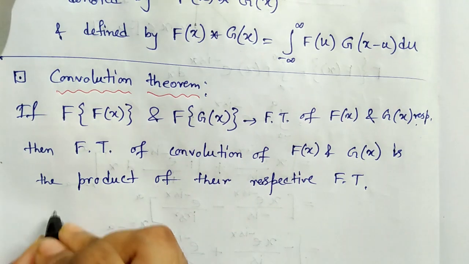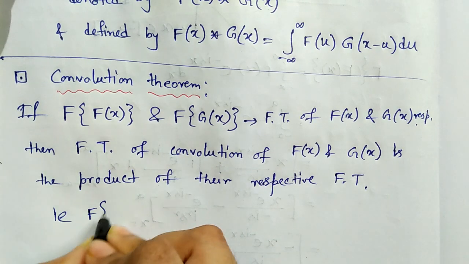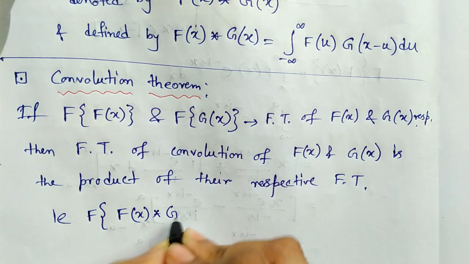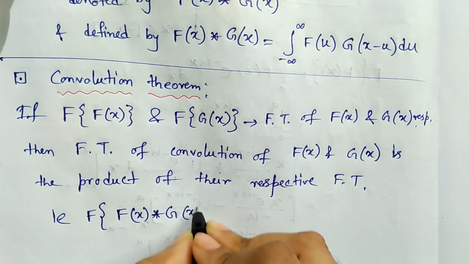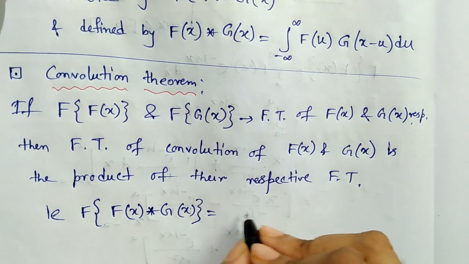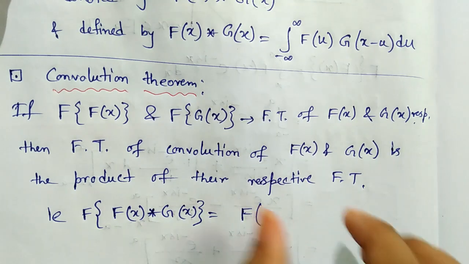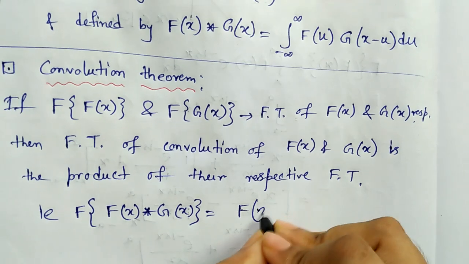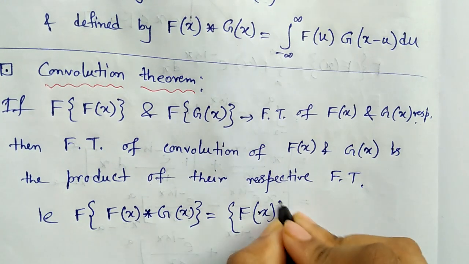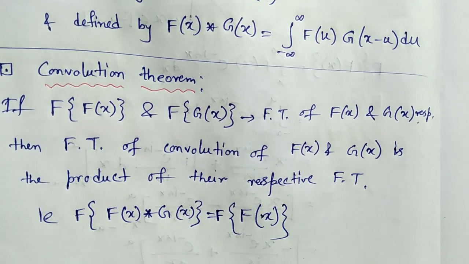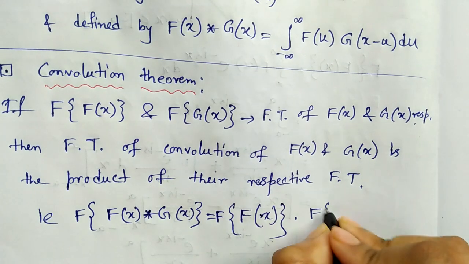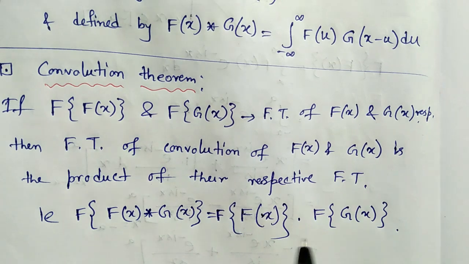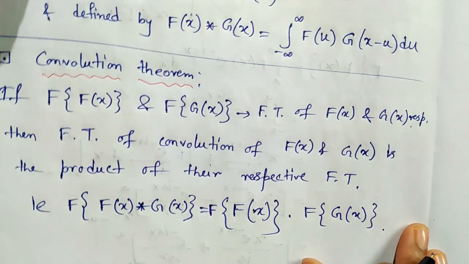That is, the Fourier transform of the convolution of two functions will be the product of their respective Fourier transforms, that is, the Fourier transform of f(x) into the Fourier transform of g(x). This is the convolution theorem.